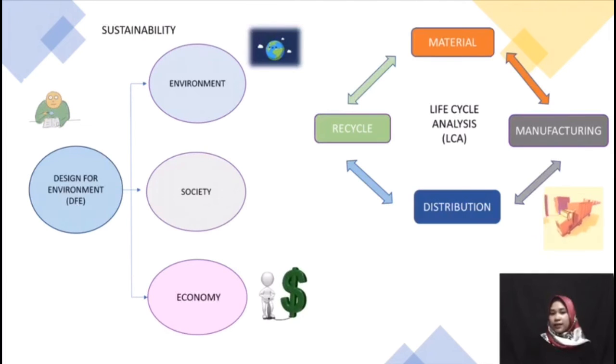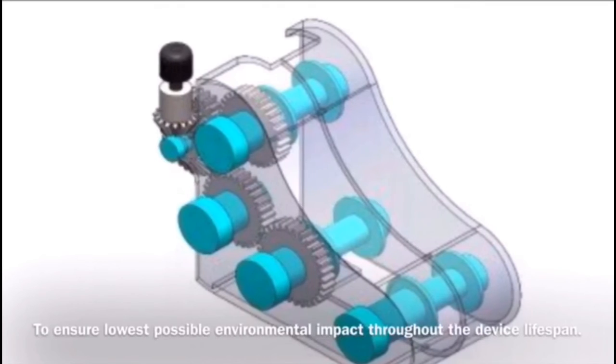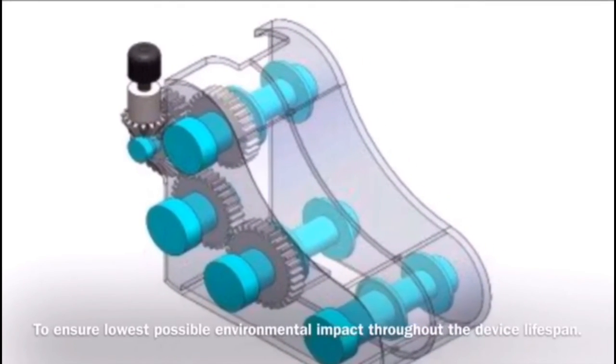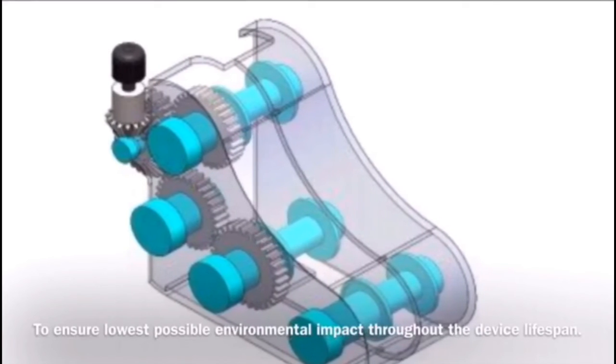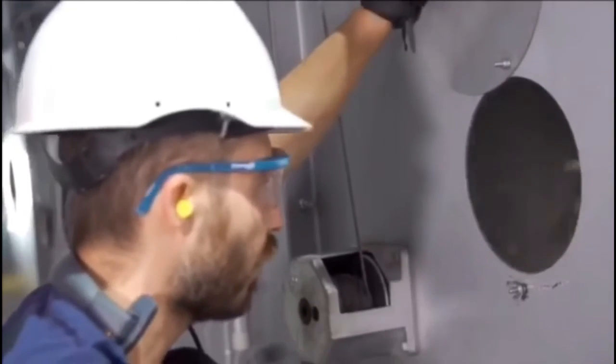Prior to that, our group has chosen the suitable material using a material selection strategy for our product called Swed 2020. Now, I will focus on recycle. In line with the Swed 2020 long-term goal of recycling end-of-life devices, every design detail of the Swed was analyzed to ensure the lowest possible environmental impact throughout the device lifespan.